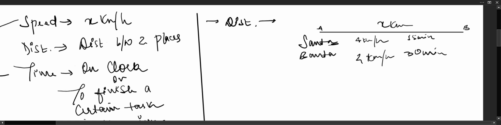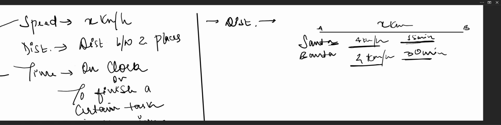What we have seen is that when we increased the speed, the time to travel the distance got reduced, and when we reduced the speed, the time taken automatically increased.